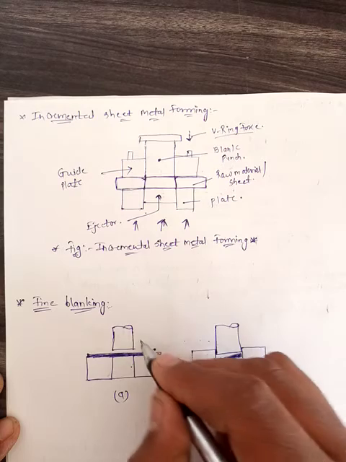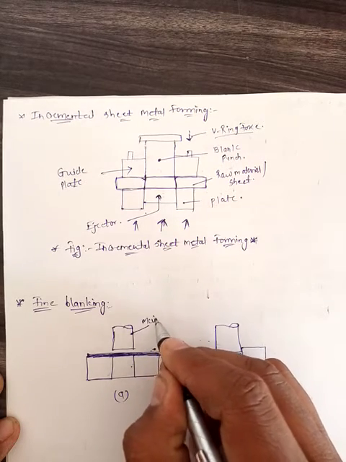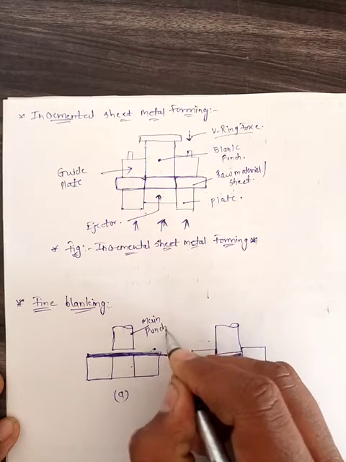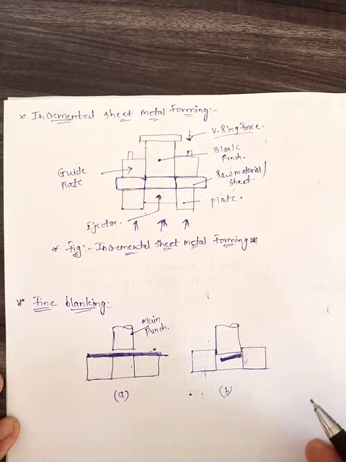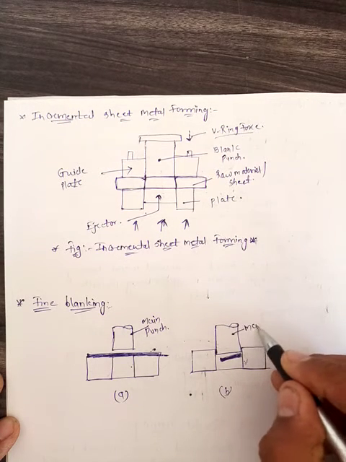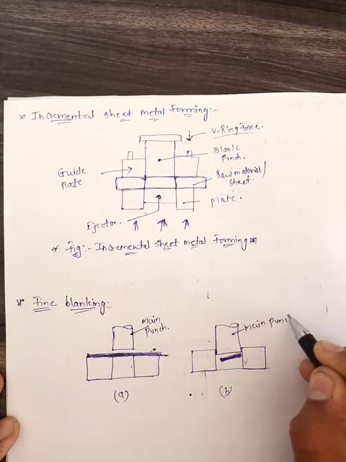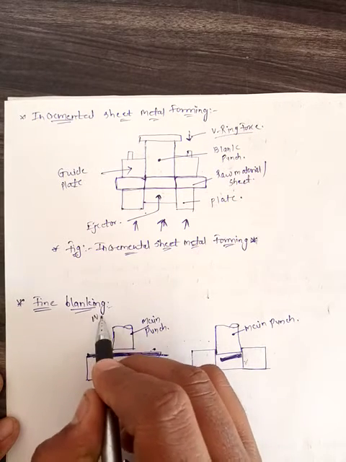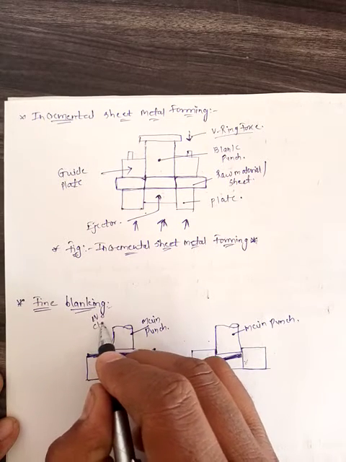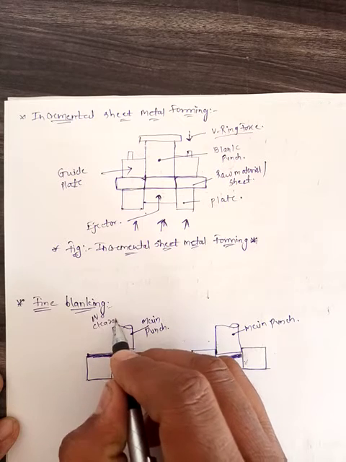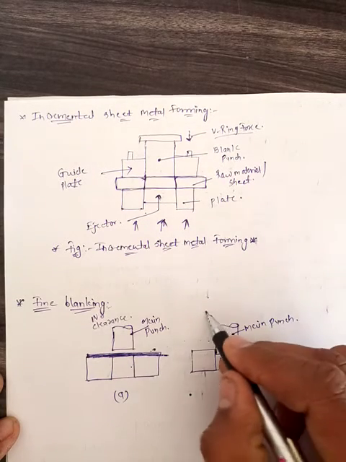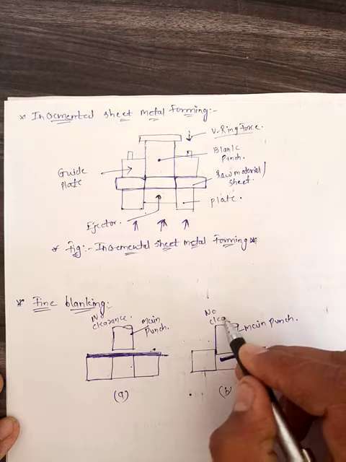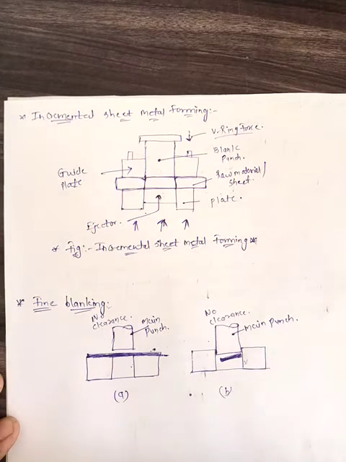Now this is a main punch. Okay, this is also a main punch. There is no clearance. Here also no clearance.